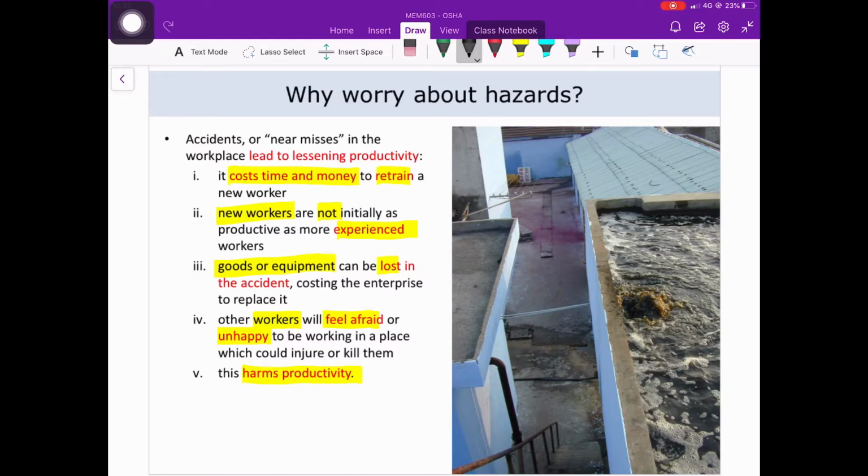In some cases, it might also affect other workers' motivation since they have been traumatized, feel afraid and unhappy to work in that workplace as they might get injured or die. And all of these factors can harm the productivity of a workplace.